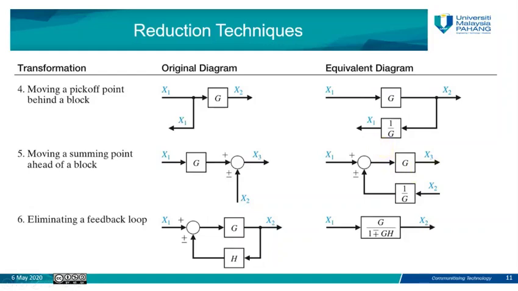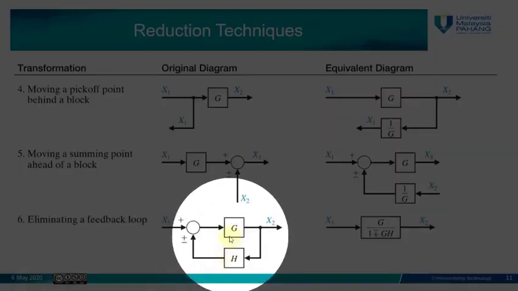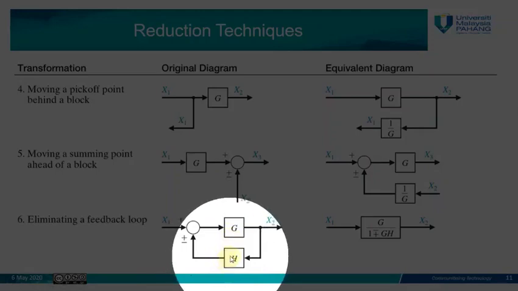The last technique here is eliminating a feedback loop. We already mentioned this before when we talked about the feedback topology. If you have such feedback, either positive or negative, you need to simplify. You just need to use the general formula for the equivalent transfer function of the feedback system. In this case, the forward transfer function is j and the backward transfer function is h.